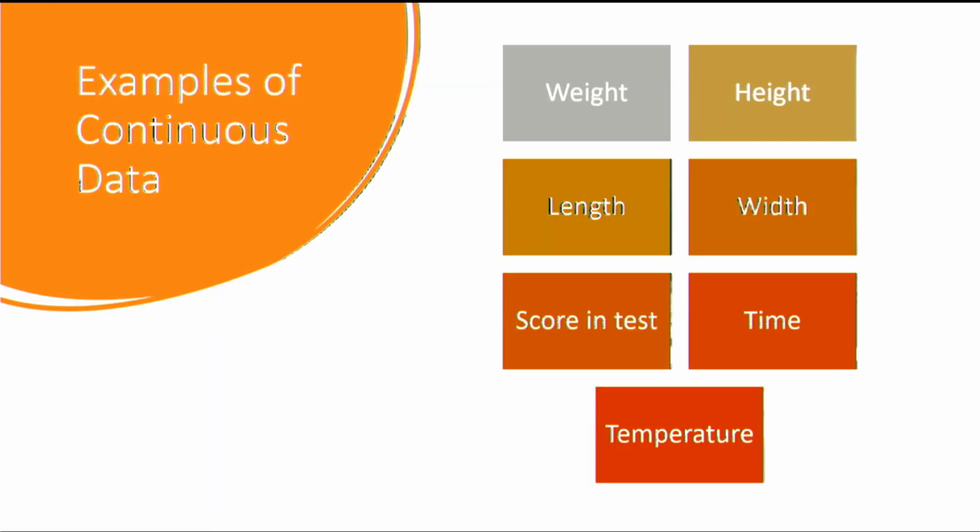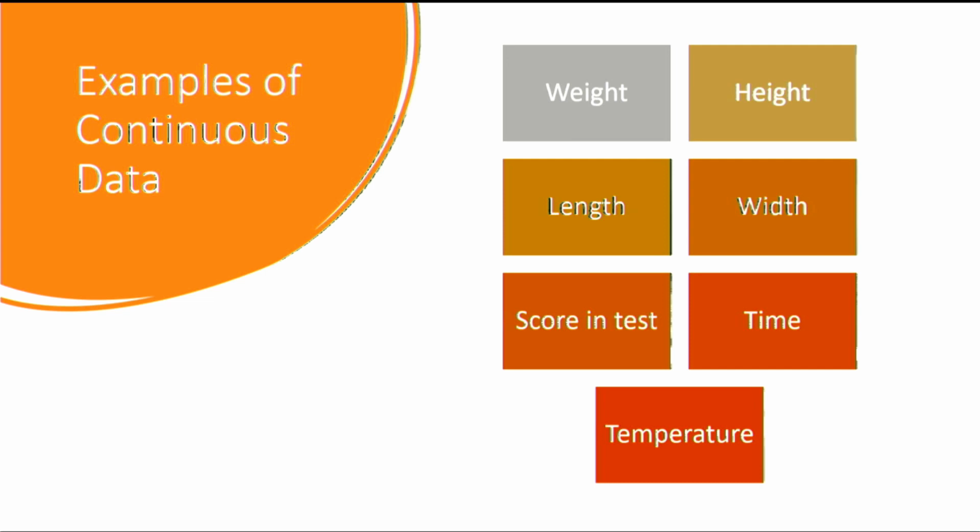Examples of continuous variables, or continuous data, are weight, that is your weight or the weight of an instrument or weight of anything. The height, it can be your own height. Length, it can be the length of a table, length of a car. Width, it can be the width of anything, maybe width of one particular object.